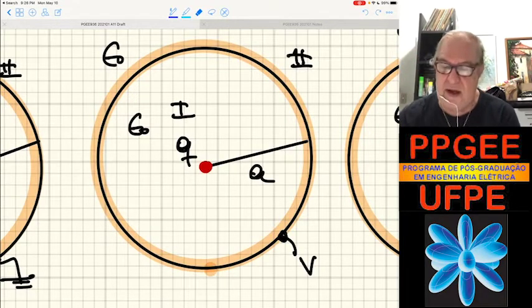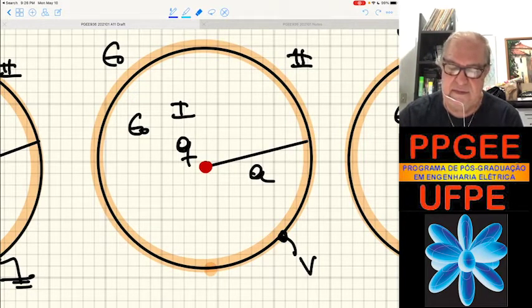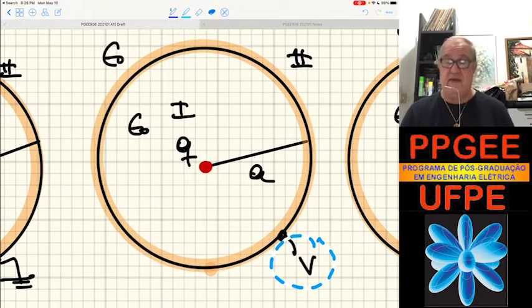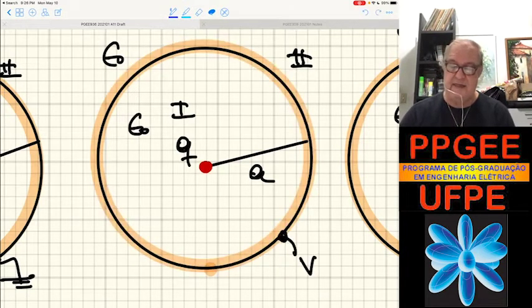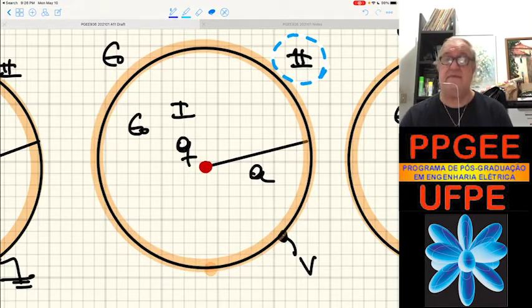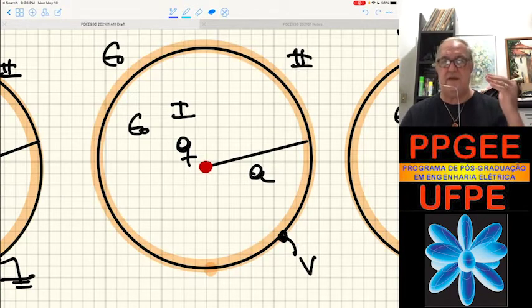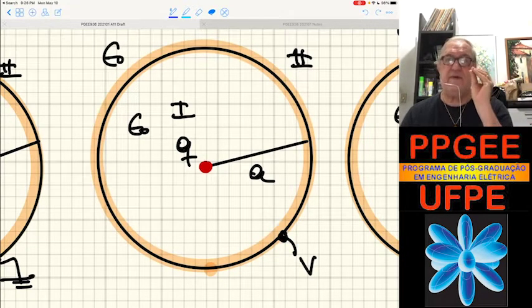The potential is not grounded, but is at the potential V. And again, I have a charge at the center. So now we have some activity outside, okay? Because potential now is V on the surface, goes to 0 at infinity. But notice, these are separate problems. The outside problem has nothing to do with the inside problem.